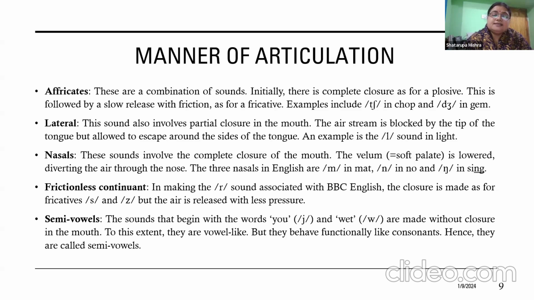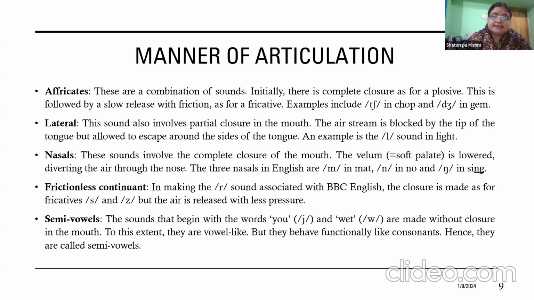Then we have semi-vowels. These are like vowels, but they are consonants. Okay. So the sounds that begin the words yew and wet, which means the Y sound and the W sound, are made without closure in the mouth. There is no closure.